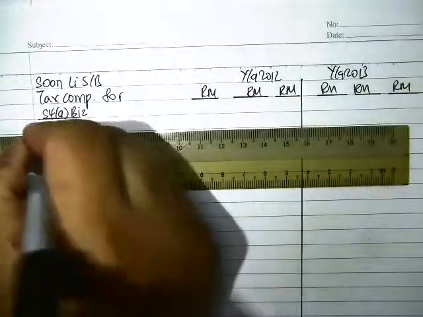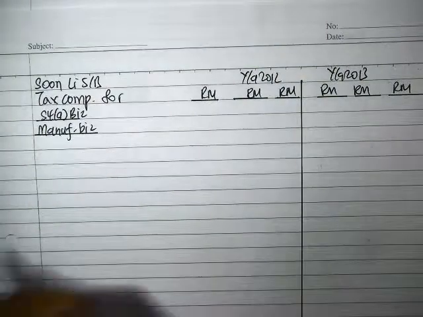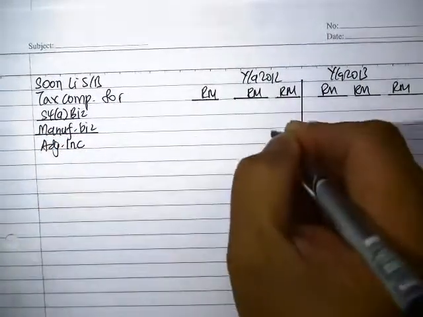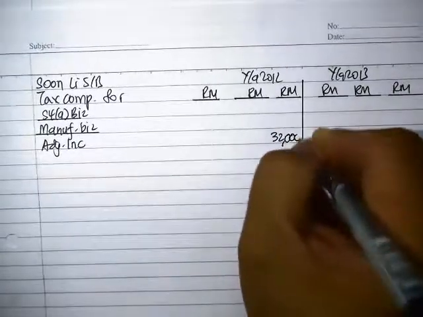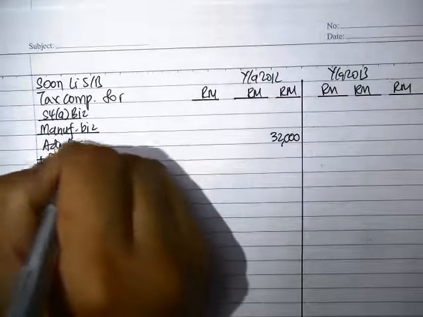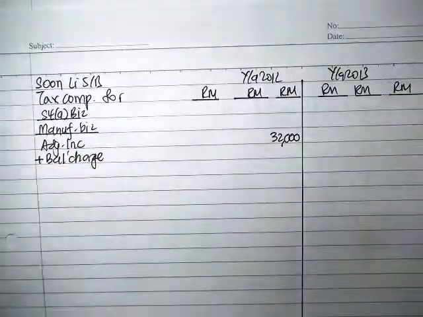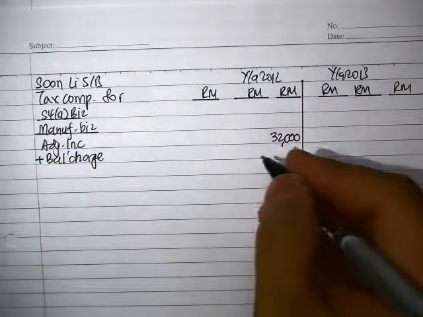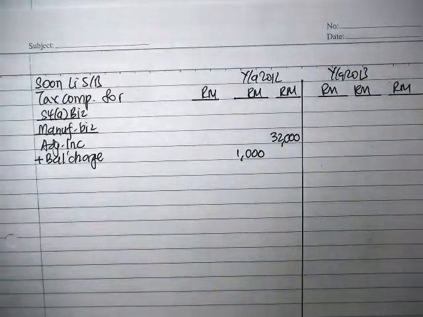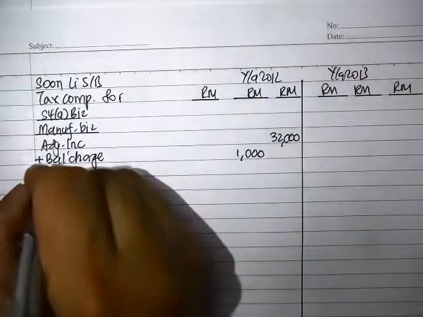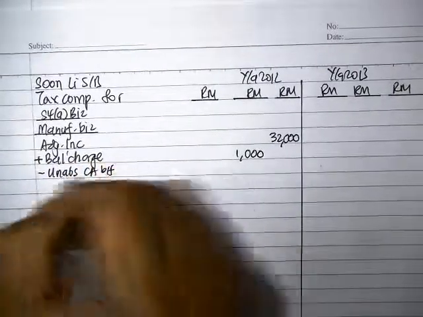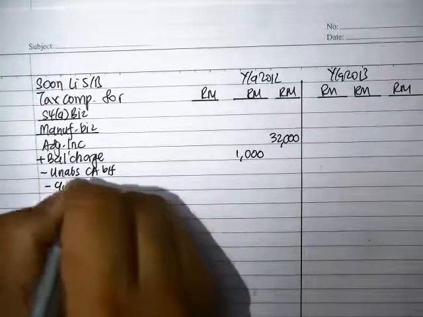Manufacturing source. And you've been told that adjusted income is 32,000. Right. We add balancing charge, which is 1,000. And then you have the unabsorbed CA brought forward and the current year CA.